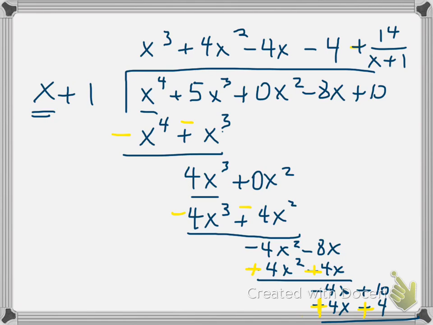Okay, so what's the moral of the story here? You got to make sure that you have every power of x represented. You have to have placeholders for your 0 powers. Now, I'm telling you ahead of time, in the synthetic division process, you won't run into this contradiction. Remember, we had a contradiction right here. We had an x term and an x squared term.